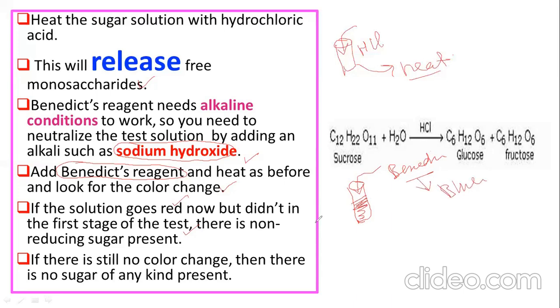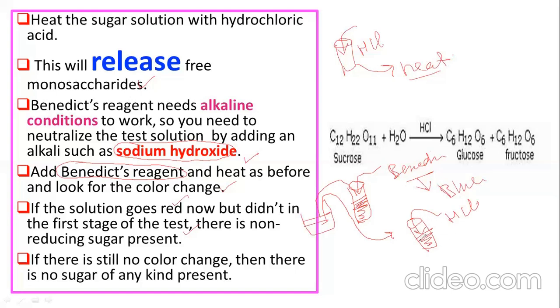I took this solution from a stock solution in the beaker. Now I want to confirm whether it is sugar or not. So I will take a sample in another tube from that stock solution, and I will put in acid, so that the acid breaks the glycosidic linkage and converts that into monosaccharide.